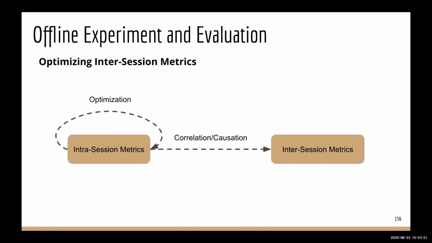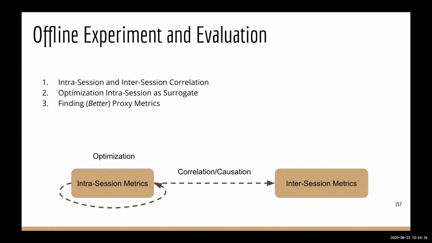So I think Monia mentioned earlier in the first half that what we typically do is optimize certain things within a session where it's easy to optimize, and hopefully that leads to intersession and maybe even long-term metric improvement. So this is this part of the work.